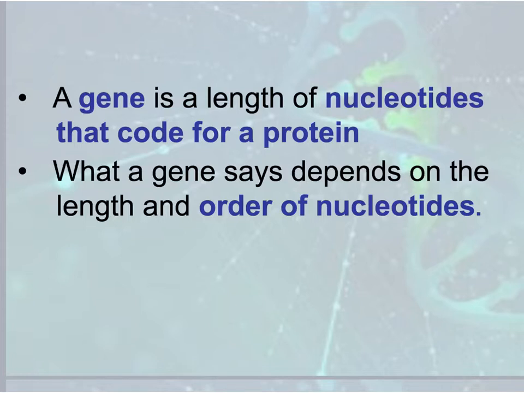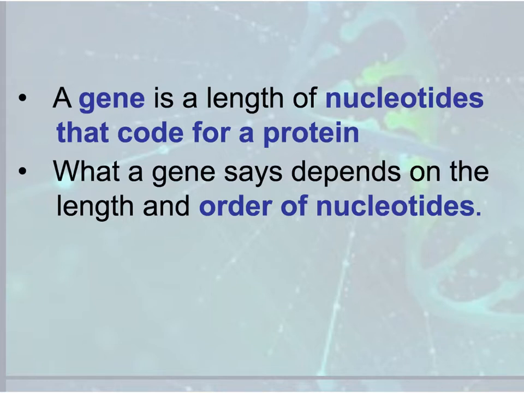So the code on the DNA is going to determine the amino acids that are found in my protein. And therefore, what a gene says, or the protein that will be made, is going to depend on how long the gene is, so that's the length, and the sequence of the nucleotides, or the order of the nucleotides.